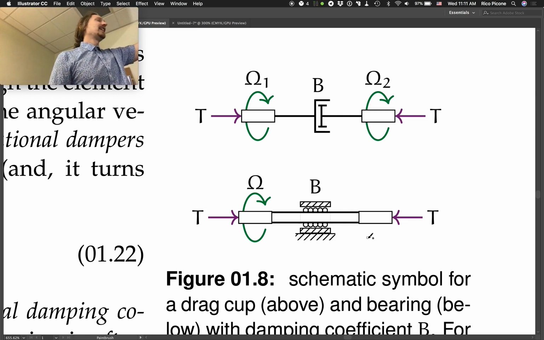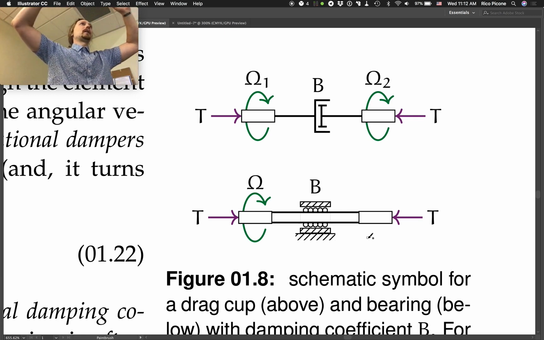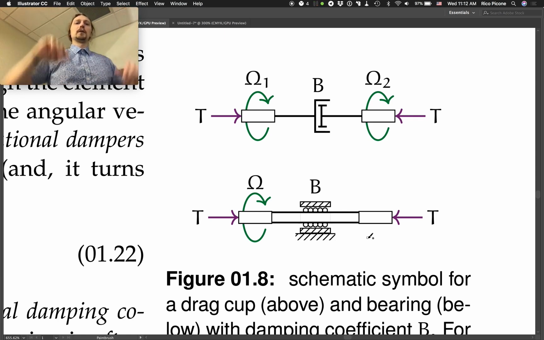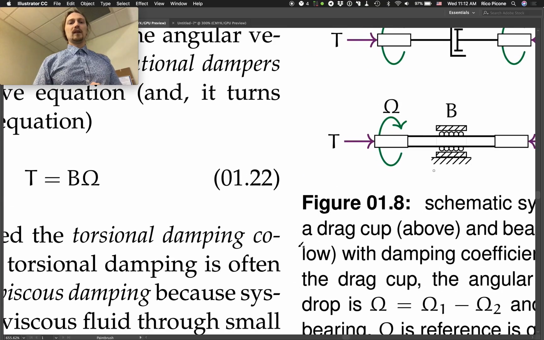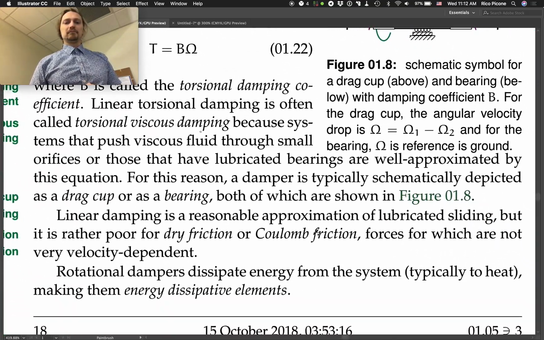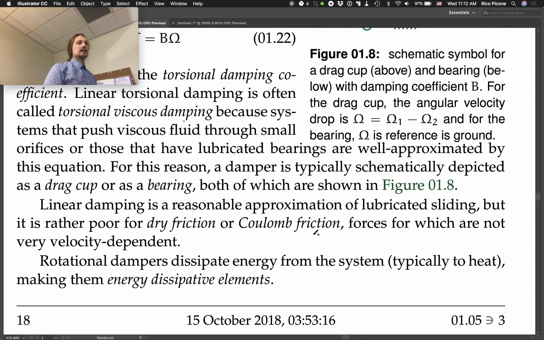So damping can act between two shafts, coupling them, or it can be connected to the ground, to the support, through a bearing. Linear damping is a reasonable approximation of lubricated sliding, but is a rather poor approximation for dry friction or Coulomb friction, forces for which are not very velocity dependent.